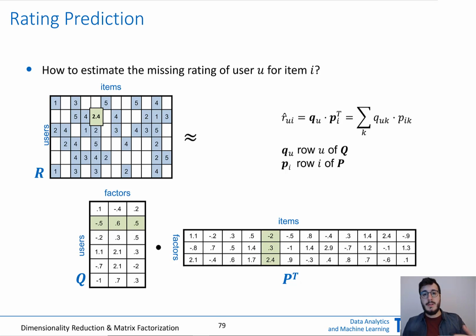Now, this allows us to do rating prediction for each individual user-item pair, which means that we can just go through this matrix and fill in all of the missing values. So that's why this approach is sometimes called matrix completion, as I mentioned earlier. And once we have all of the values, how are we going to recommend some items?